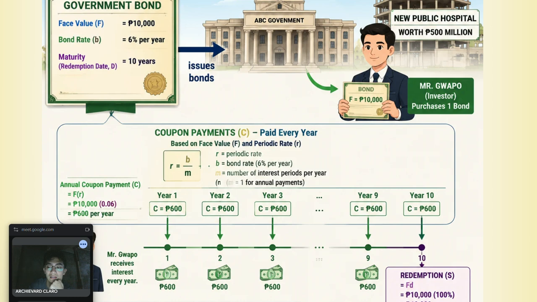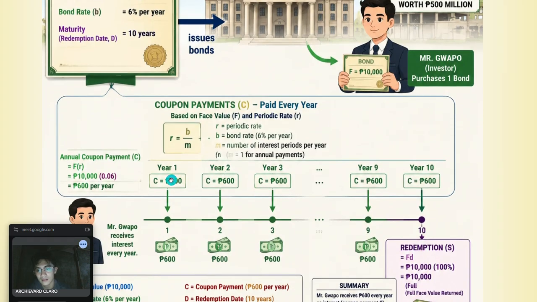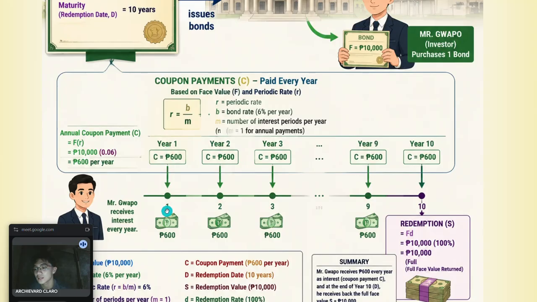So meaning mayroon siyang 600 per year. As you can see dito, year 1 makakatanggap siya ng coupon payments 600. Pagka year 2 naman until year 10. Na dito papasok si interesting part ni bonds.